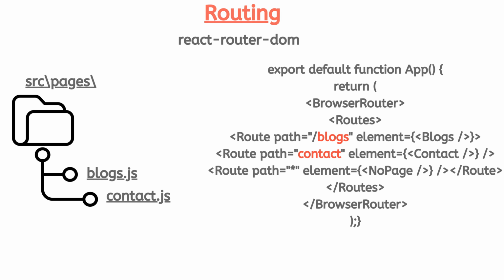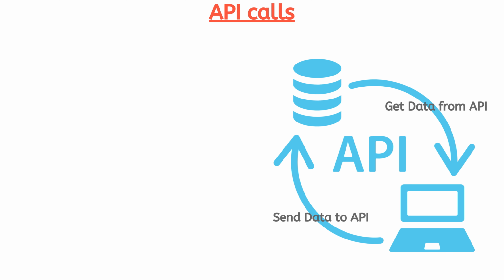Now let's look at how we can make backend REST API calls within the React.js application. There are two libraries that can be used in React.js to make REST API calls. The first one is fetch, and the second one is axios. Both serve the same purpose.